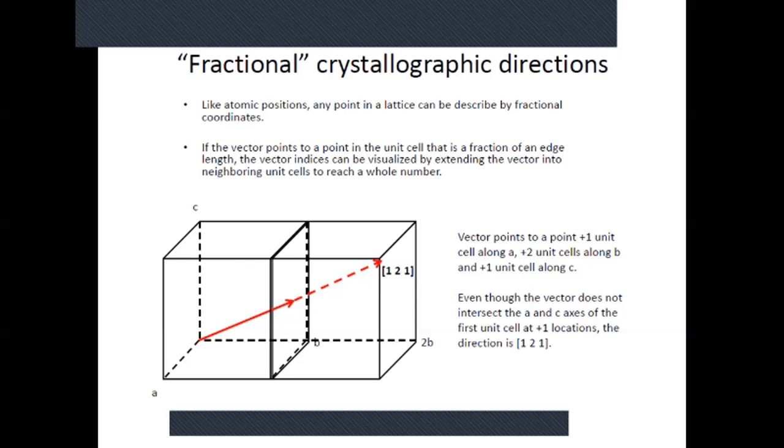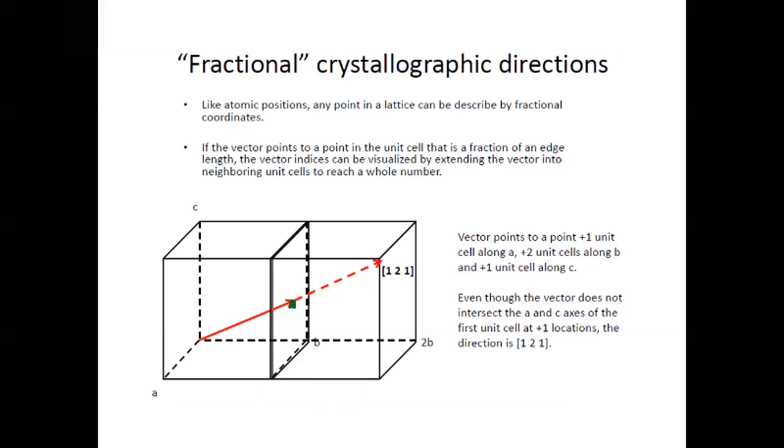Now, the reason we went to 2 unit cells is because if we stopped at that point, it would be the coordinate, what is that? 1, 1.